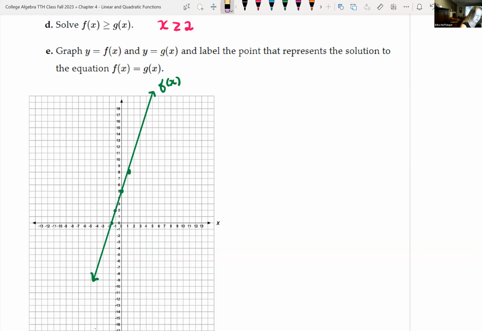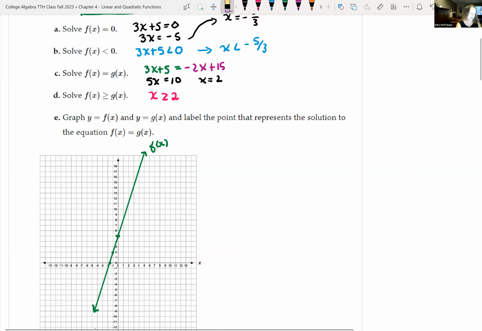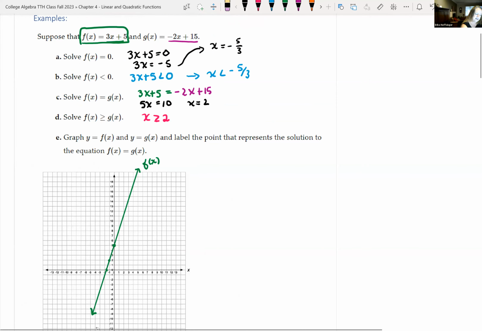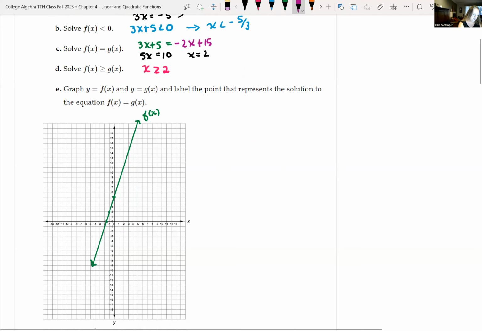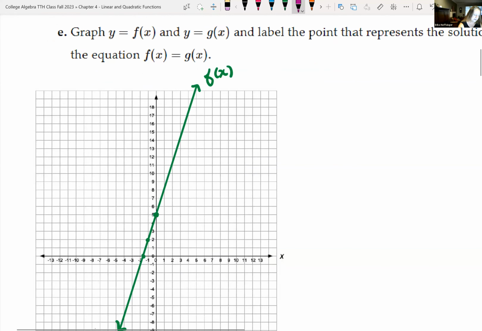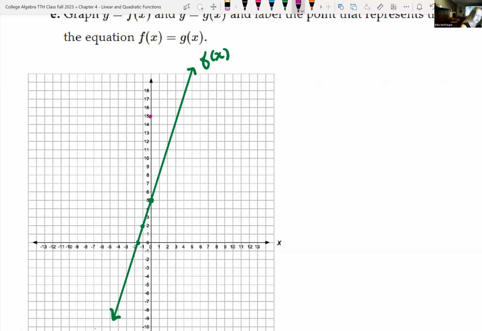Now let's look at plotting g of x. g of x is also in slope-intercept form. We have a y-intercept of 15 and a slope of negative 2. So the y-intercept is at 15 and the slope is negative 2: if I fall 2, I go over 1 to the right.